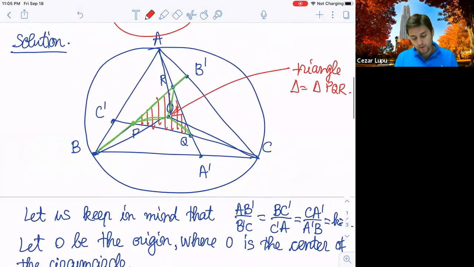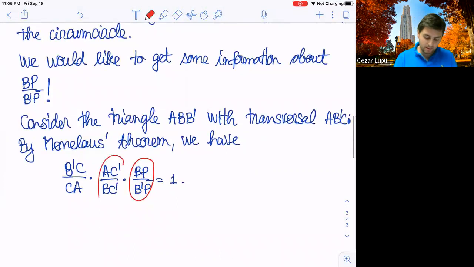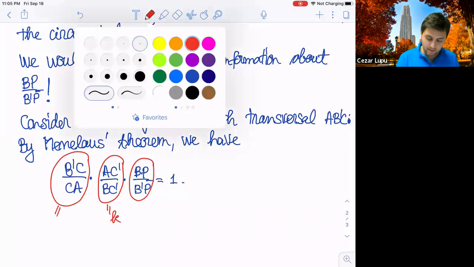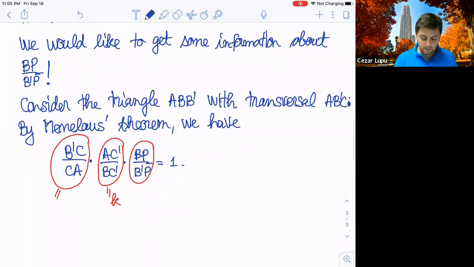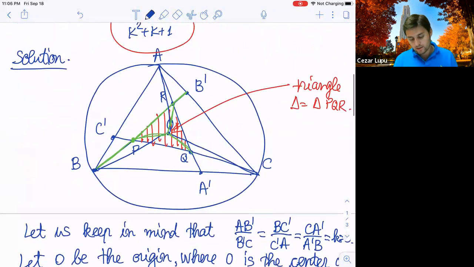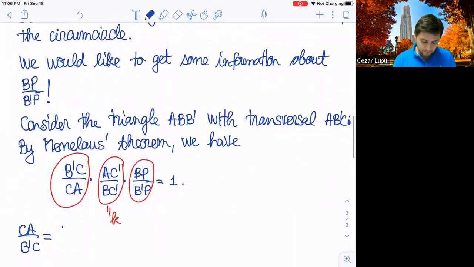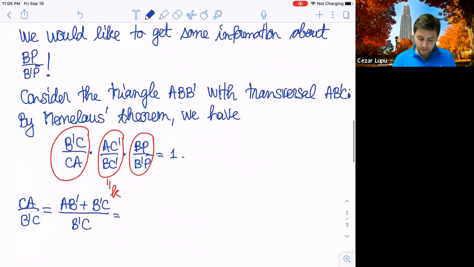And we already know AC prime over BC prime, this guy is K. Now this guy can be flipped: CA over B prime C. CA is nothing else than AB prime plus B prime C, over B prime C. And now this is AB prime over B prime C plus 1.